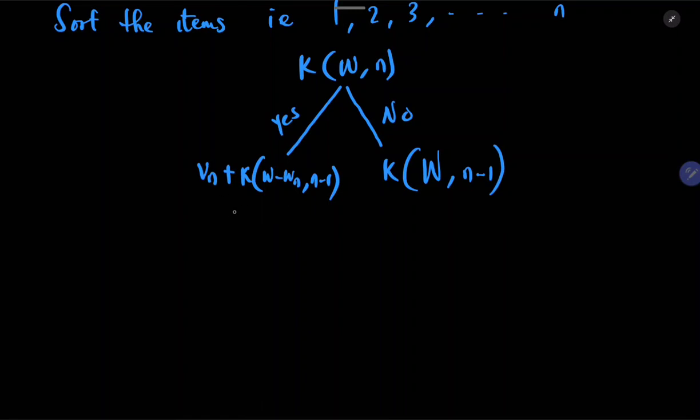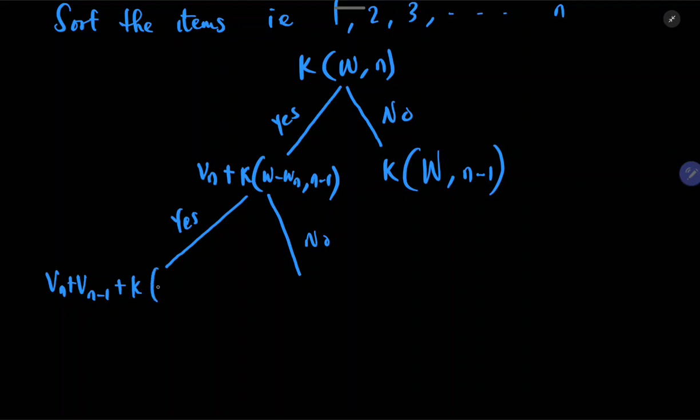Then this goes again, the same thing. We pick, yes, or not to pick. If we pick this n minus 1 item, it means now we have Vn plus Vn minus 1 plus what's left.